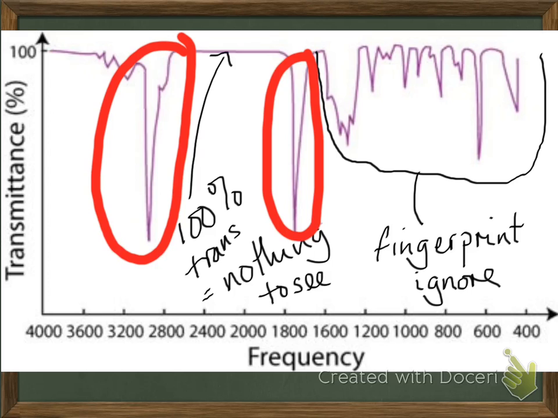That's below 1500, and this is where the bonds are bending. There's a lot of activity down there, and you can ignore this. What you're looking for are the large absorptions above 1500. These are the bond stretches, and I've circled those in red.